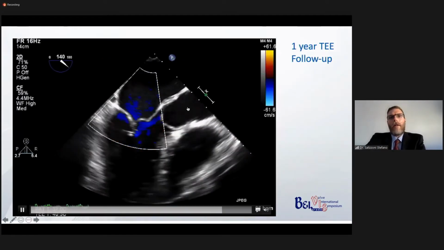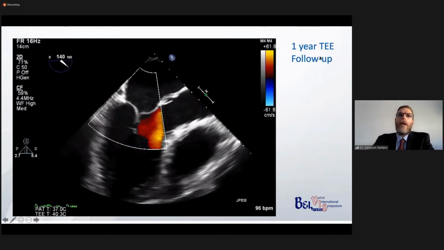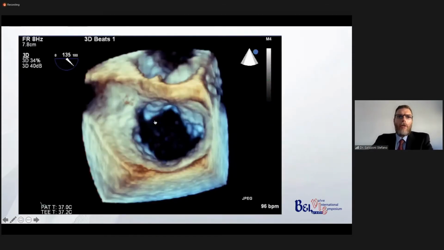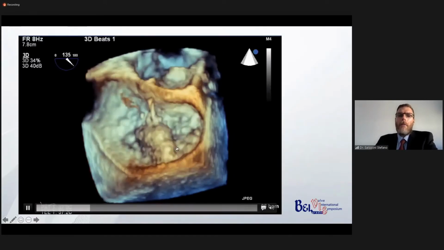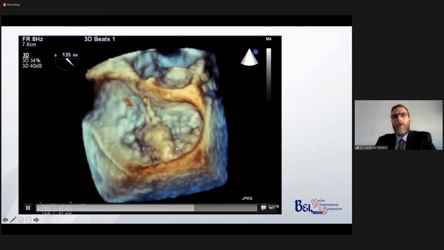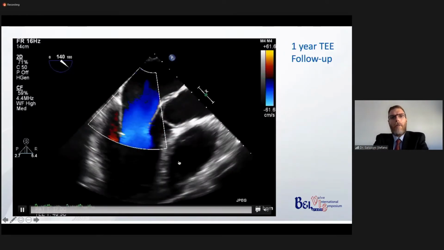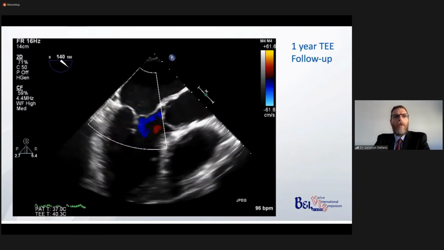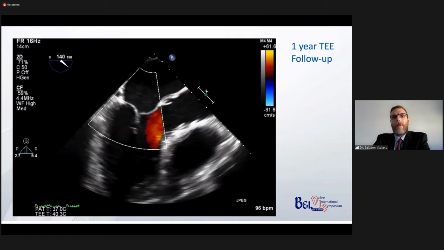This is again the image I showed you before. And this actually is the 1-year TE follow-up of the previous patient, who had Neocor many, many years ago; it was one of the first cases. After 1 year, we kindly asked the patient if he could undergo another transesophageal echo to view the final result.